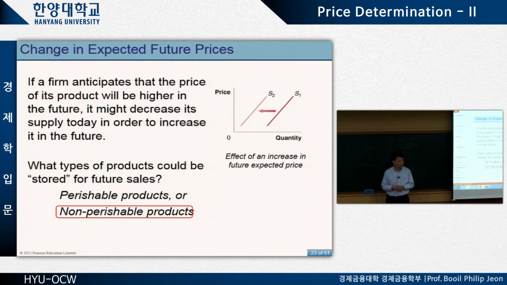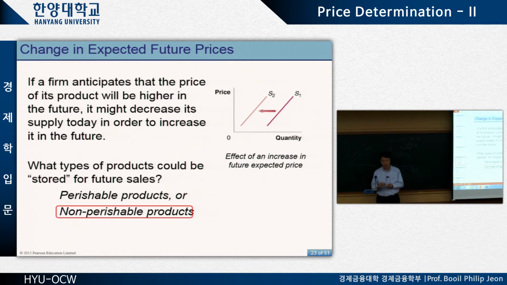If producers think the price will increase next year, what is it going to do to the supply today? Decrease, because producers will try to hold off.